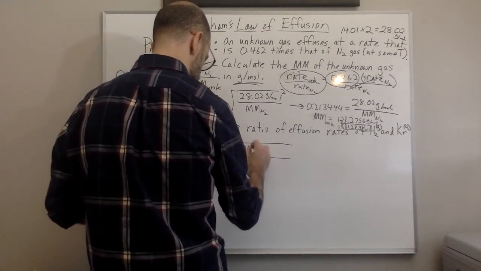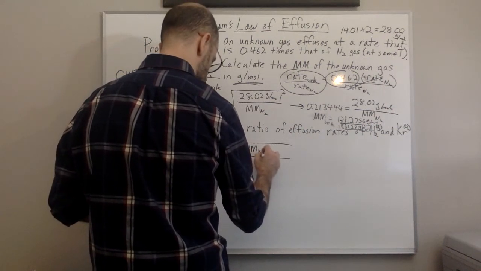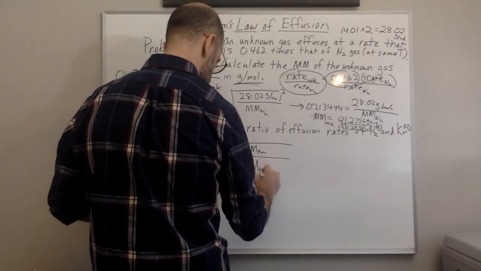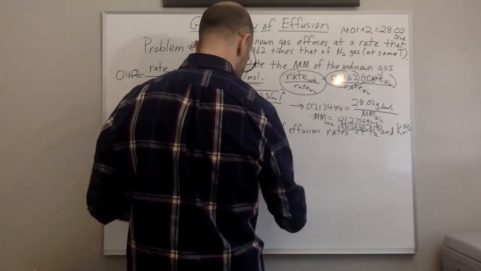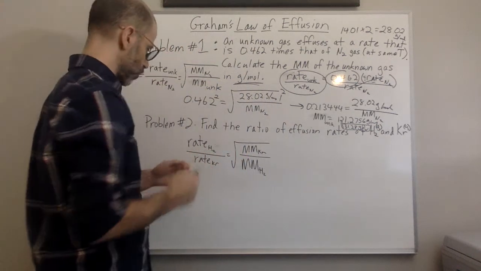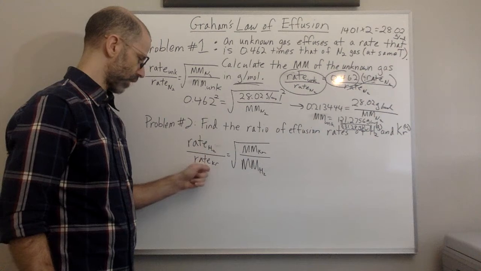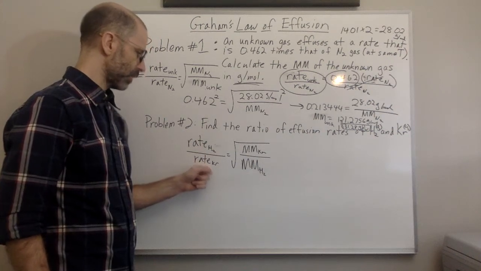So we're going to have molar mass of Kr on top, molar mass of H2 on the bottom. So notice that I have rate of H2 on top, rate of Kr on the bottom.